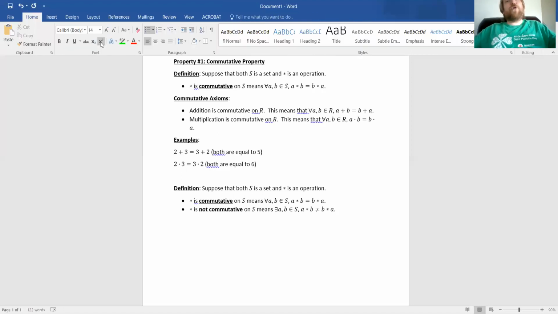Now, the good news is you only have to memorize the definition of commutative. You don't have to memorize the definition of not commutative if you remember your foundations well and remember how to negate quantified statements.